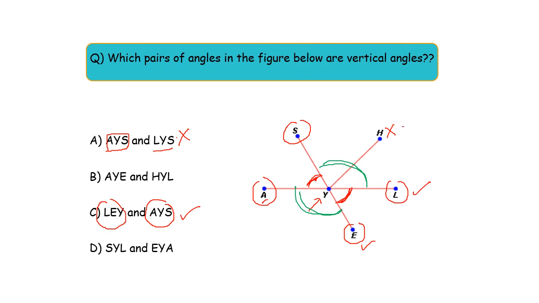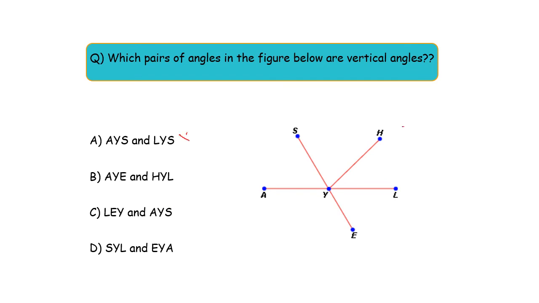So actually AYS and LEY, these are vertically opposite. No, E is not at the bottom. Even this is wrong. So let me think again, let me think about all of them. AYE. Okay, let me clean the diagram. So this is wrong, this is wrong.